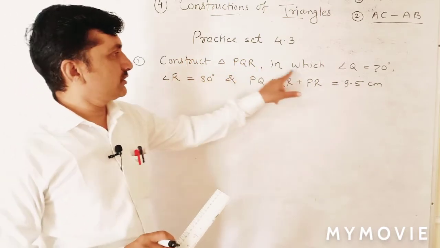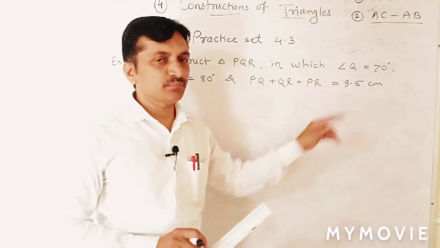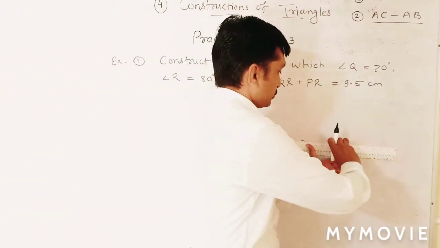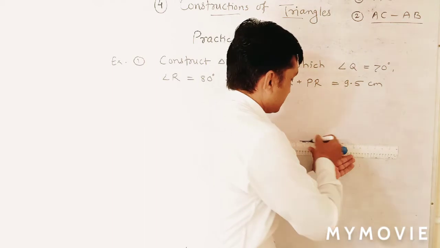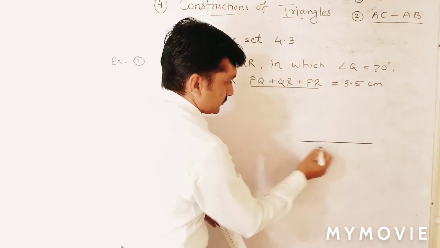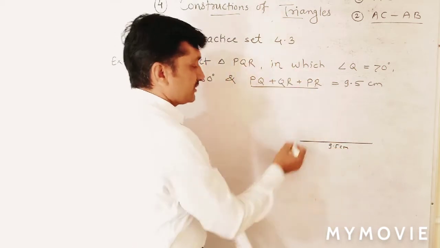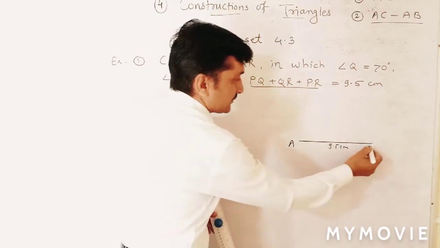Construct triangle PQR in which Q is 70, R is 80 and perimeter is 9.5. In the rough figure, what we will do first, we take a base having perimeter 9.5. Now the triangle is PQR, another name you can give. I write here AB.